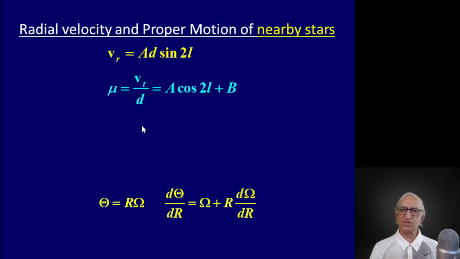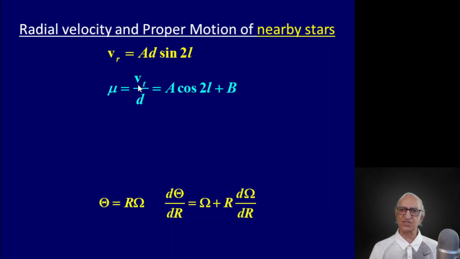Now, what Oort said was that as long as we are considering stars in the vicinity of the solar neighborhood, not stars very far away but quite close by, then the radial velocity of the star with respect to us in the sun is given by d sine 2l multiplied by a constant which is known as Oort's constant A, where L is the longitude, as I've defined the longitude in the picture I showed you before.